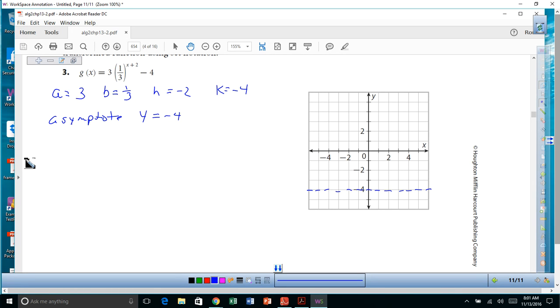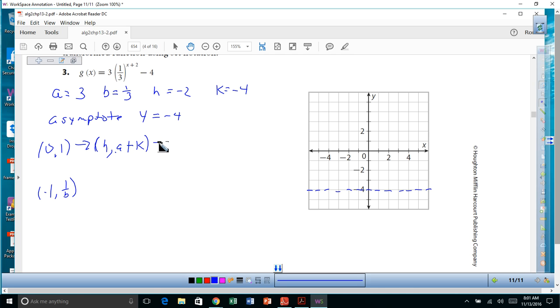So let's see. We have a couple points. That would be 0, 1. They always go through there, and -1, and then 1/b. All right, so how do these transform? Well, this becomes h, and then a plus k.